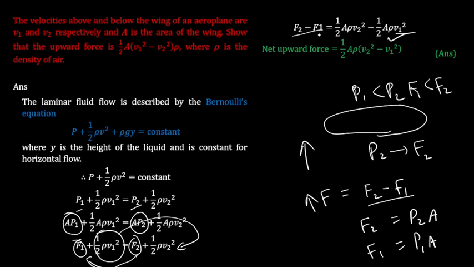Now we have got F2 minus F1 on the left hand side, which is simply the net upward force, and on the right hand side these constant factors can be taken outside common, and we have V2 square and V1 square inside the bracket, and this is just what we had to prove, the net upward force given by this expression.